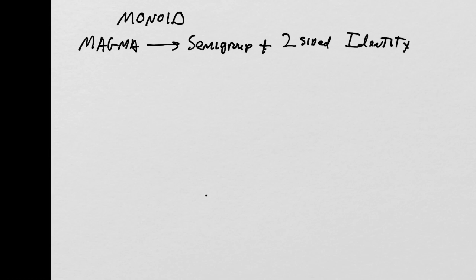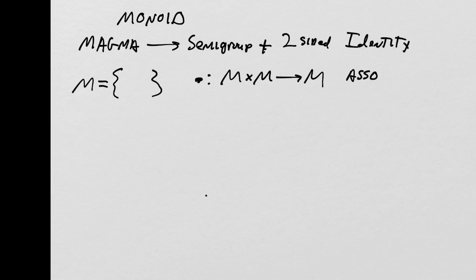So a monoid is going to be a set, we'll call that M, plus an operation from M Cartesian M to M, that is associative, right?